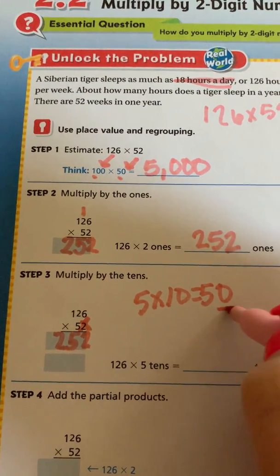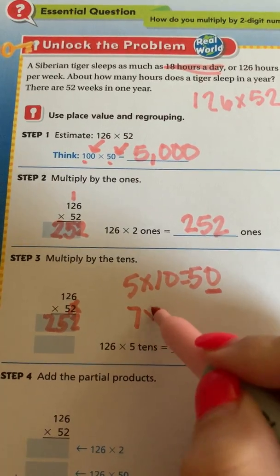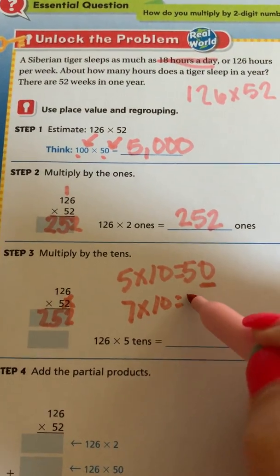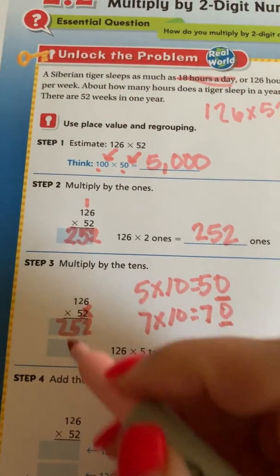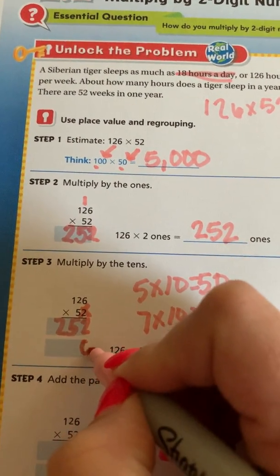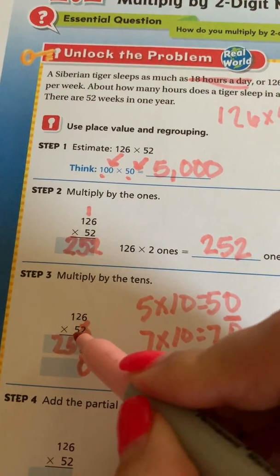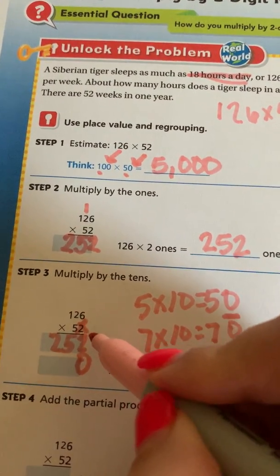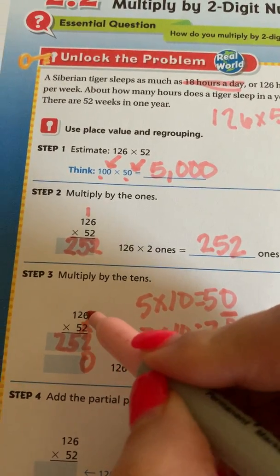What do you notice is in the ones place? Oh, a 0. So if I did 7 times 10 is 70. What do you notice is in the ones place? A 0. So anything times 10 is going to have a 0 in the ones place. So I'm going to go ahead and put my 0 there. So I cross off my ones place saying I'm done with my ones, and in its place I'm going to put a 0.